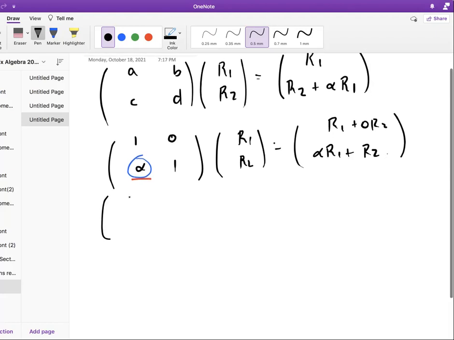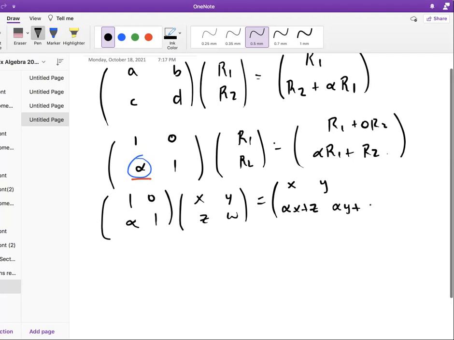Okay, so just to double check. Does everyone see that as I'm writing this out? So that is x, y, and then alpha x plus z, and alpha y plus w, which is the row operation. So this is the row 1 part, or alpha row 1 part, and this is the row 2 part.